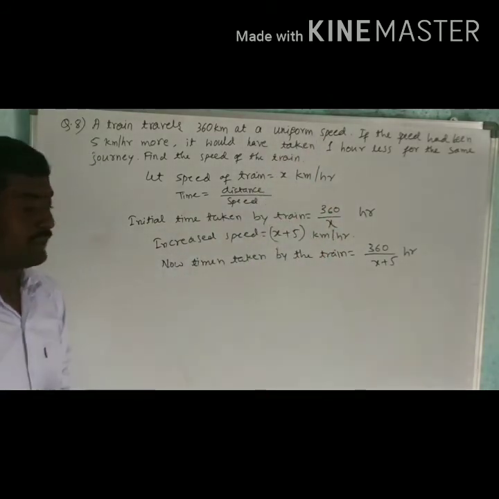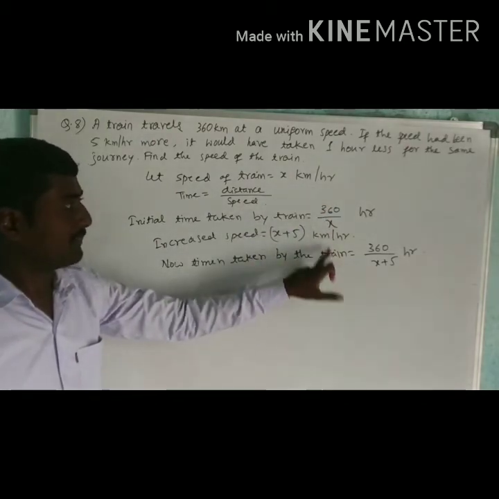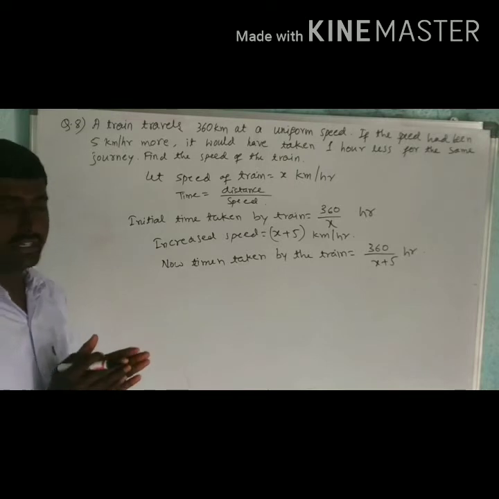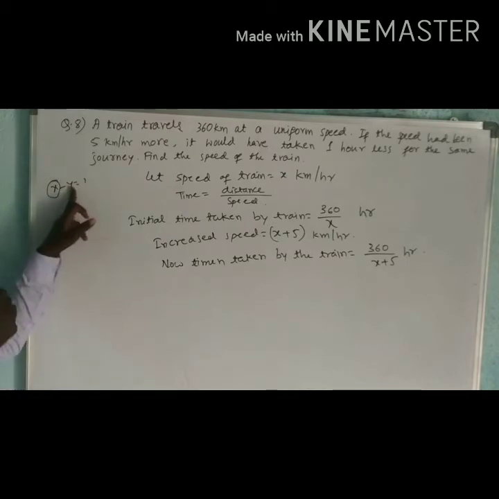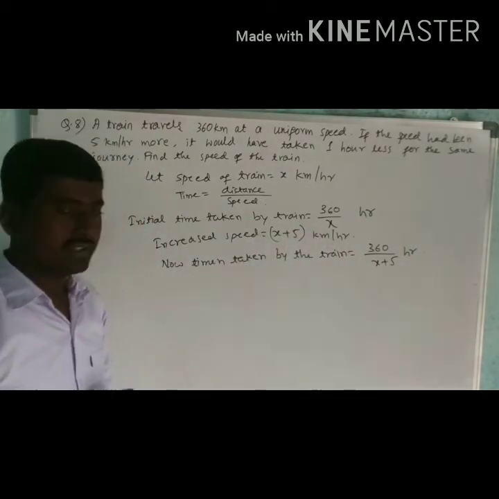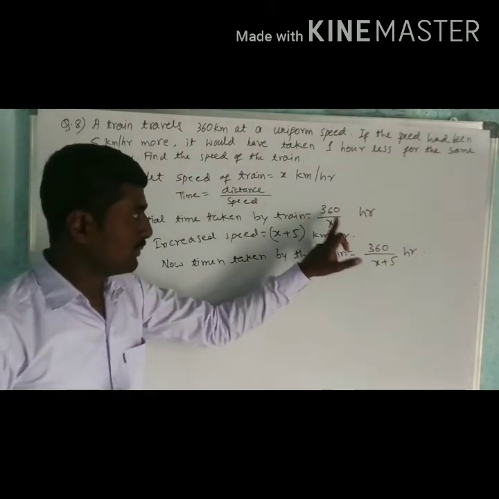Okay. Now the difference of these two times is 1 hour, they said. So difference like this, x minus y equal to 1, I should take x more than y. So in these two values, which is more? You can think in two ways. Numerator is the same on both sides.